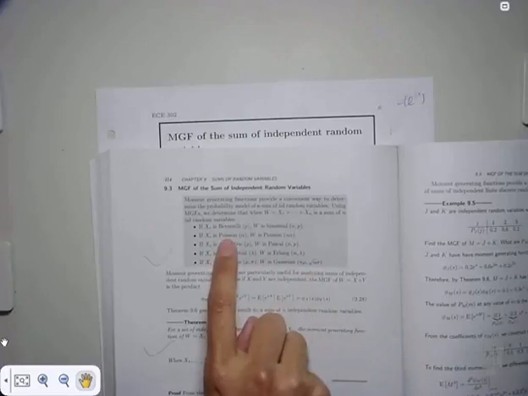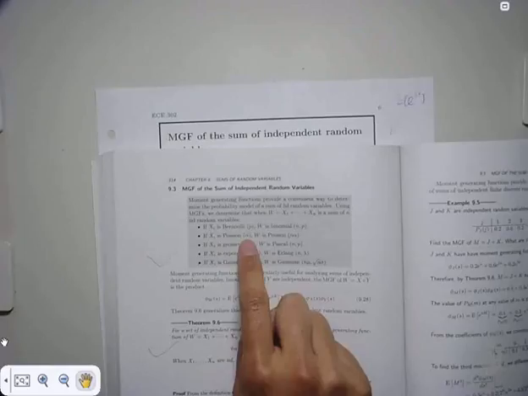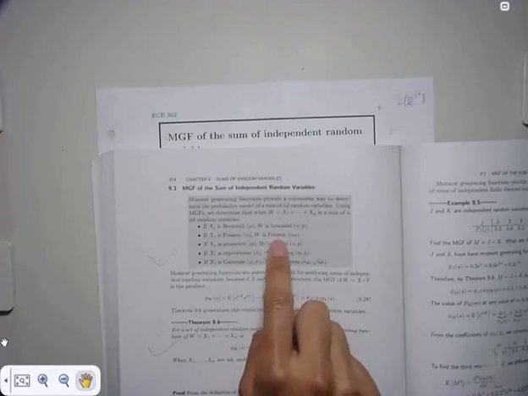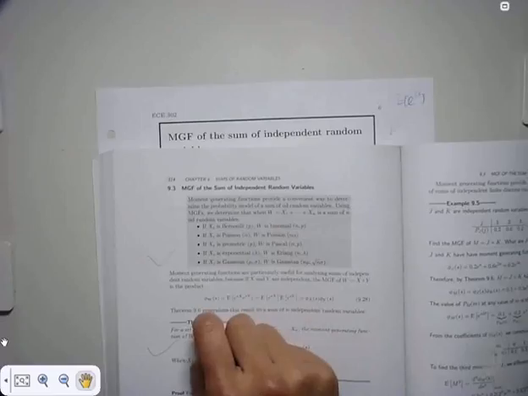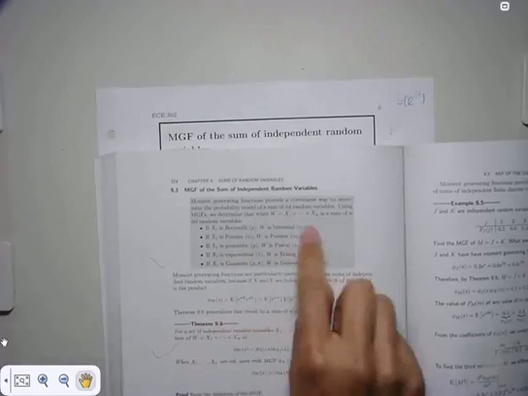So Poisson is listed here with parameter alpha, and if you have several Poisson random variables that all have the parameter alpha, the sum of those independent Poisson variables gives you n alpha as the new alpha for your new random variable.